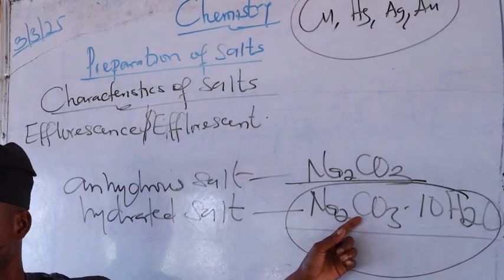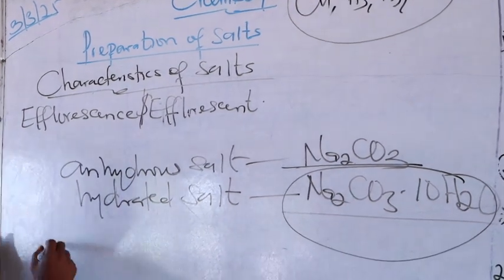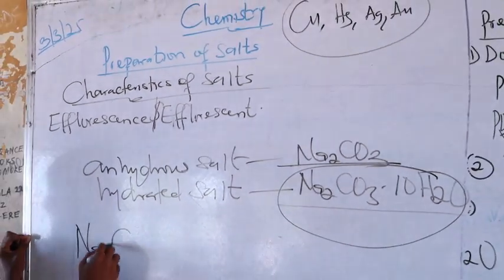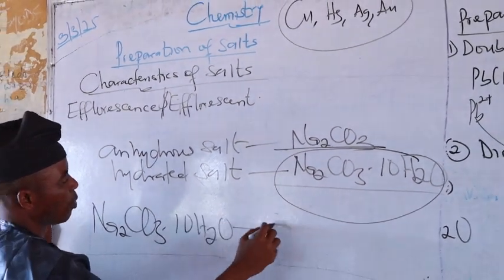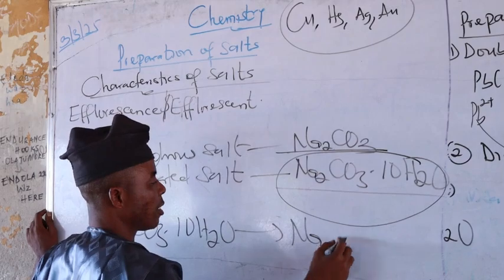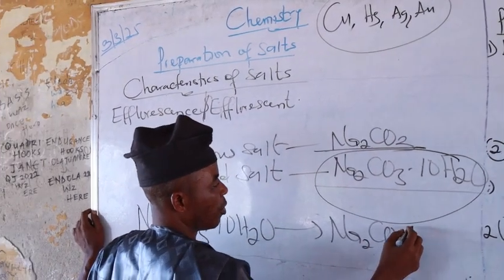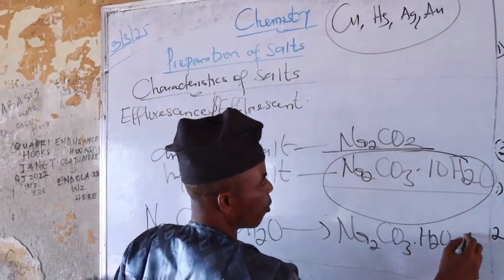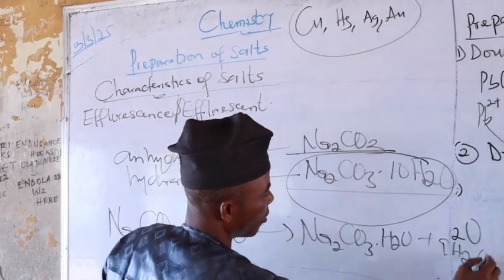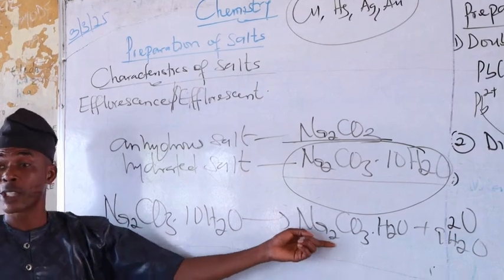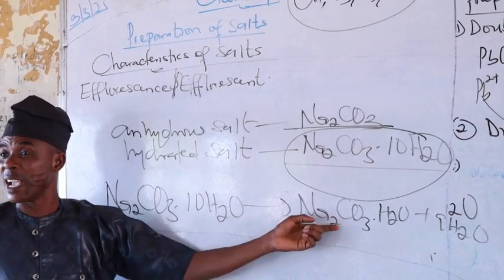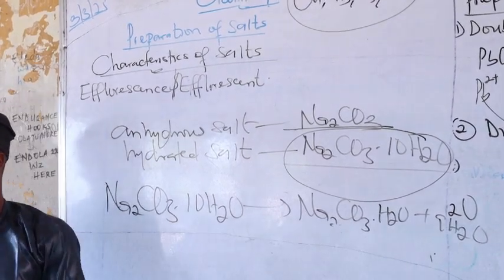Are we together? But look at this: we have Na2CO3.10H2O giving us Na2CO3.H2O plus 9H2O here. This process is referred to as what? Efflorescence.